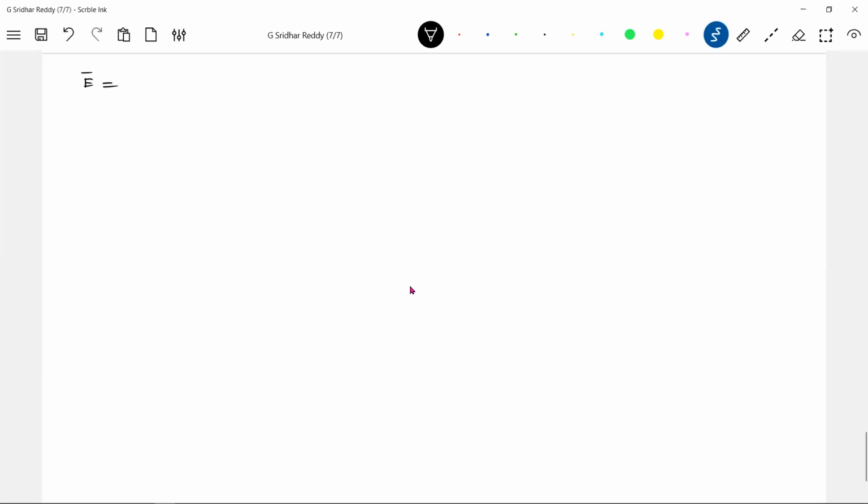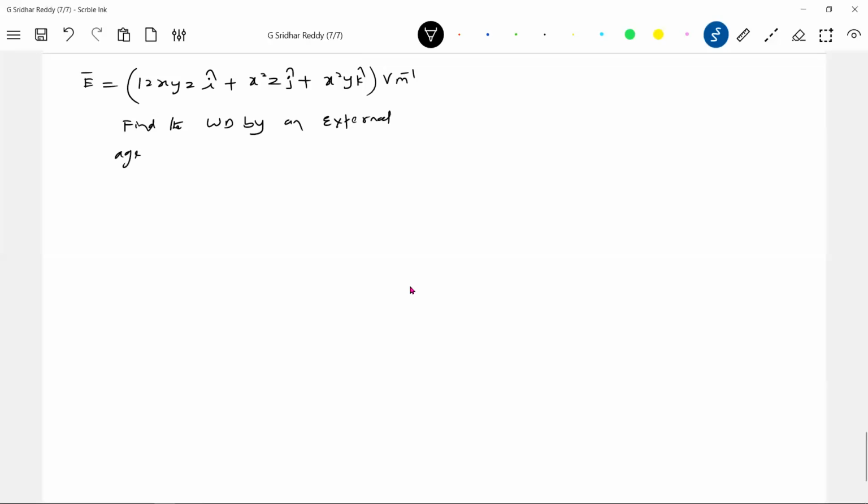E bar is equal to... Find the work done by an external agent in moving a charge 2 Coulomb from point A (0, 0) to point B (2, -1) meter.